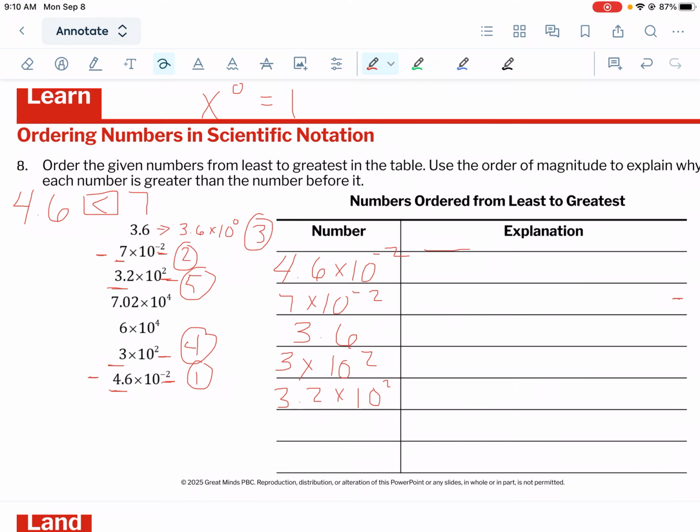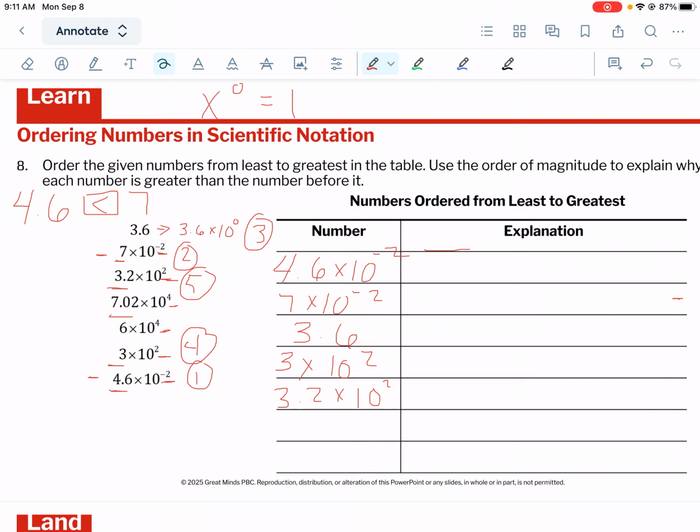Once again, it has the same exponential value here, which is greater than all the other exponential values. So that's why it's going to go last. Pay attention to that. 4 as an exponent is greater than 2 and negative 2 and 0. So those are going to go last. Those are your heavier numbers.